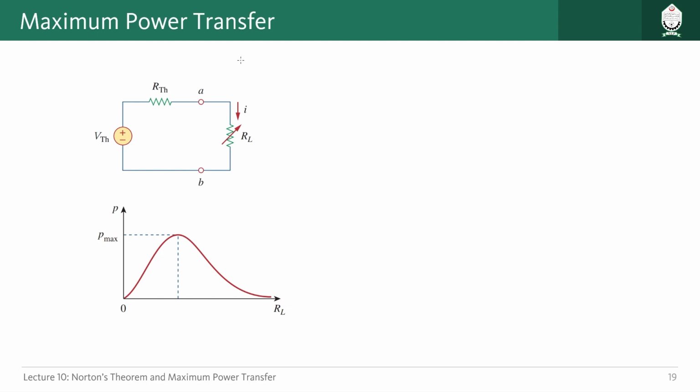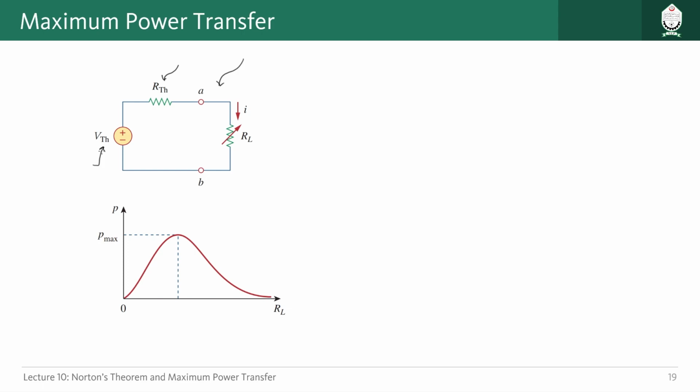So here you see this simple representation of this circuit, the Thevenin equivalent circuit. Now the only thing we can change in this circuit is RL, the load resistance. All other things, like the Thevenin resistance and the Thevenin voltage, are internal parameters of the circuit, so we cannot change them, like our household appliances which we run using two terminal outlets.